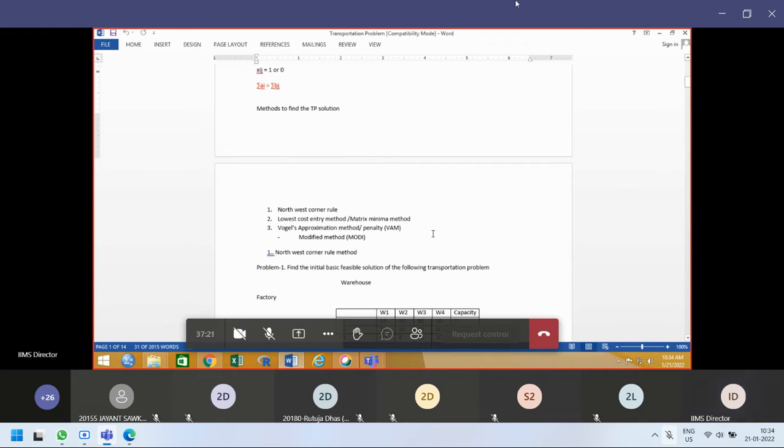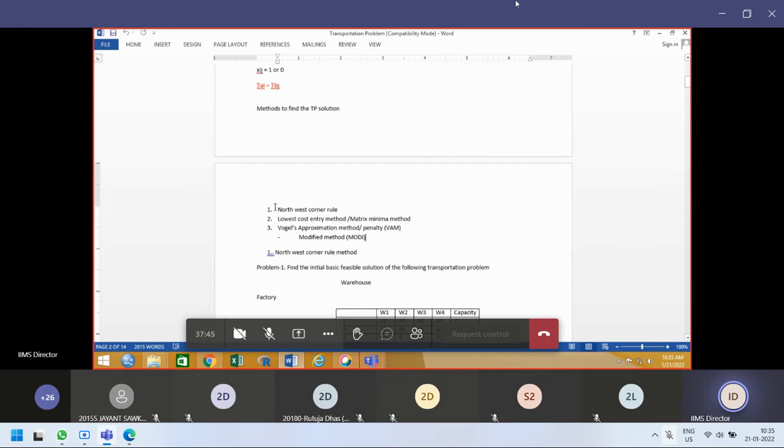And whatever solution we get by using these three methods, whether it is the optimal, the best solution, or not, that can be tested by using the modified distribution method. It is called the MODI method.